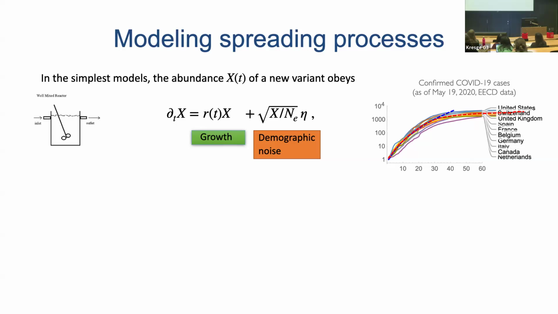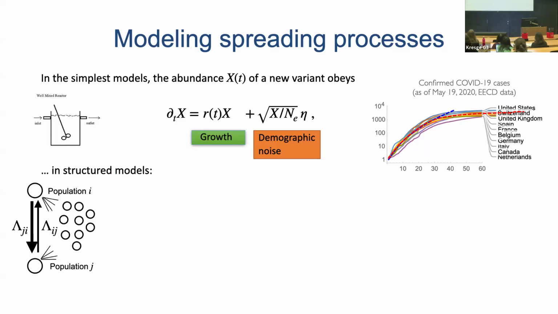But often we are interested in not only the overall abundances, or even to predict them, we often need to resolve space. And then you have to come up with more complicated models, where here I'm depicting a metapopulation model where you say, okay, we can subdivide the population into different demes, these little circles here. And these demes import cases, right?